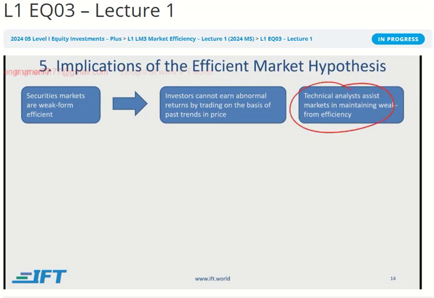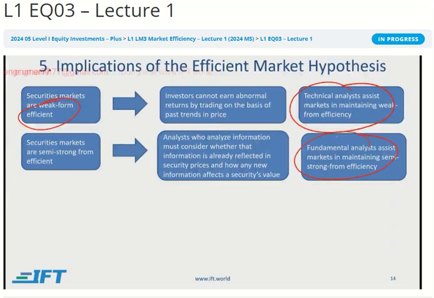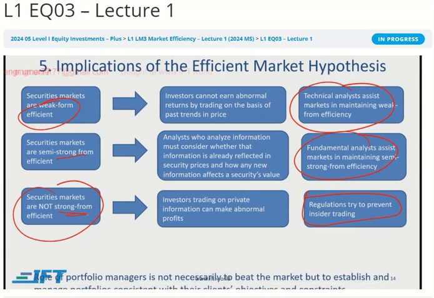So technical analysts help keep your markets weak form efficient, whereas your fundamental analysts help keep your markets semi-strong form efficient, and your regulations prevent a market from reaching strong form efficiency because private information is not allowed to be used in trading, right?